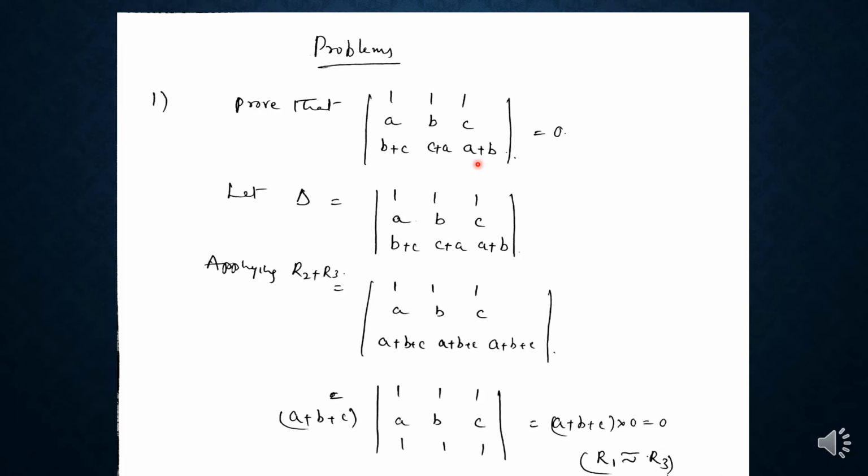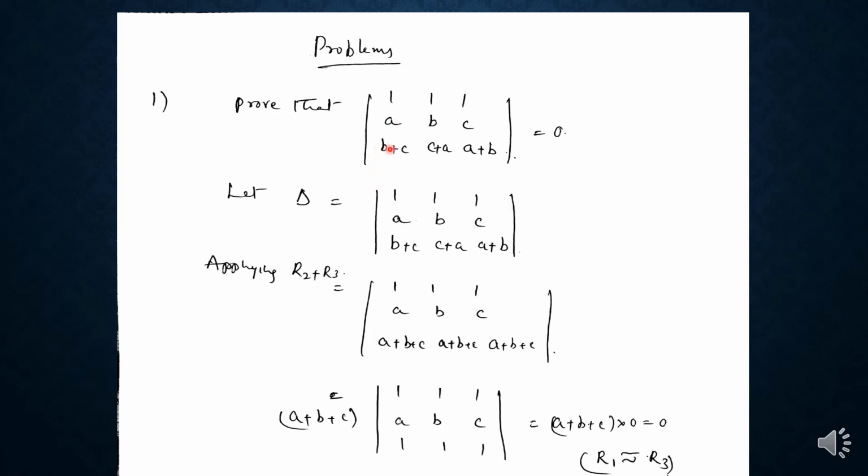So what are the elements in the determinant we have to check? By adding or subtracting some elements in any row or any column, if it is common, we can simplify the given determinant in the easiest method. See here we have b plus c in the above row, a is there.